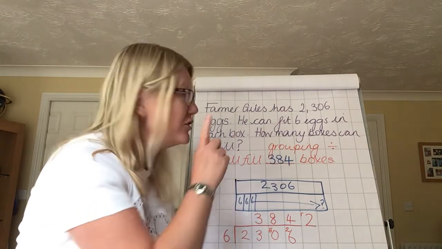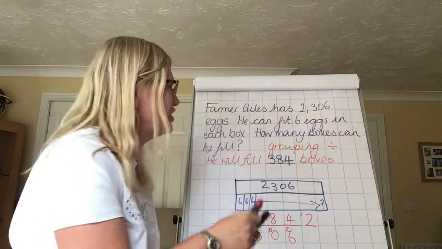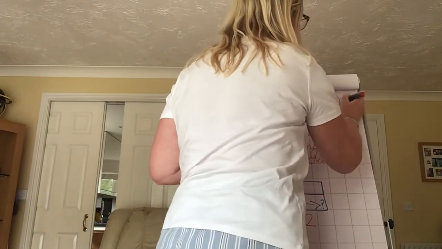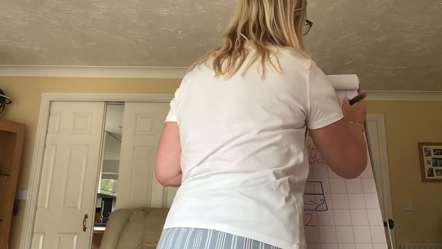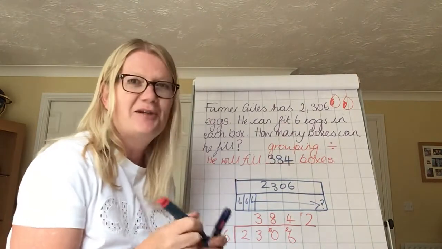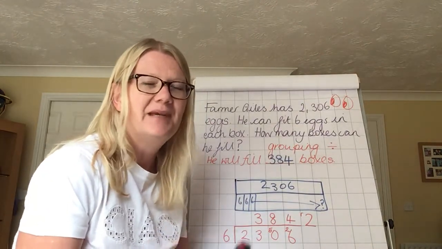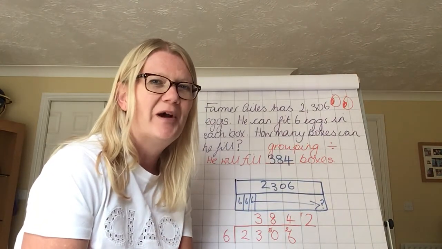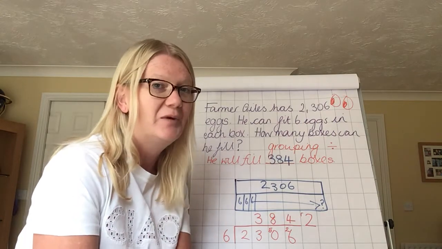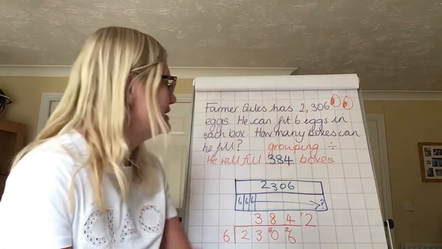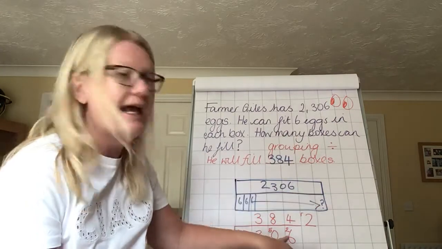So just make sure that you read these questions really carefully, because it's only a slight change that can make a big difference to your workings out and your interpreting of your calculations.